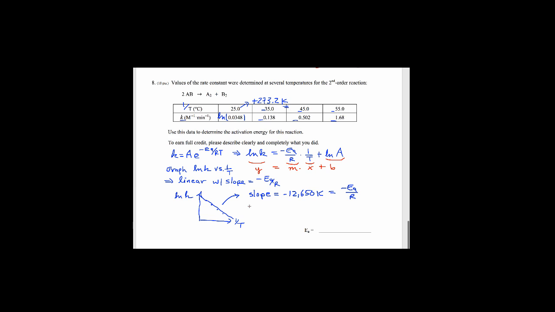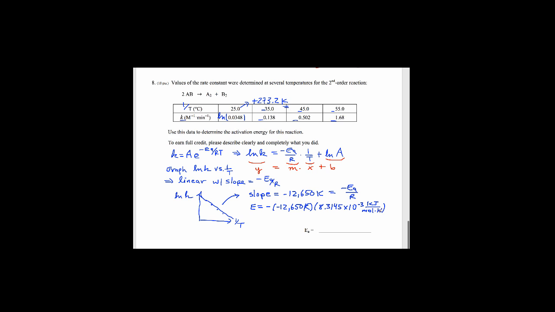So solving for E sub A equals the negative of the slope, negative 12,650 K, times R, and let's do our R in kilojoules, 8.3145 times 10 to the minus third kilojoules per mole Kelvin.